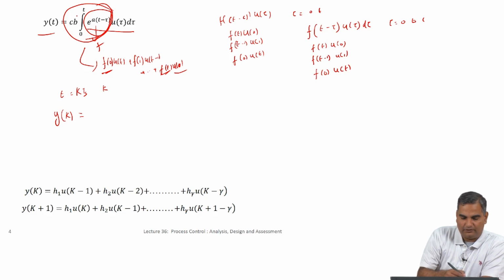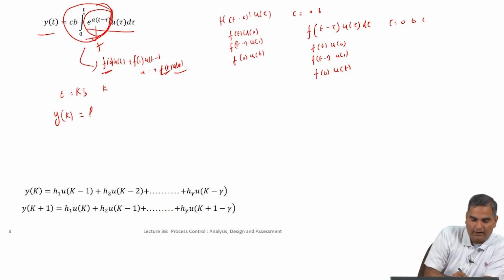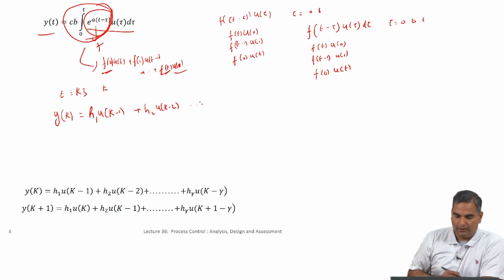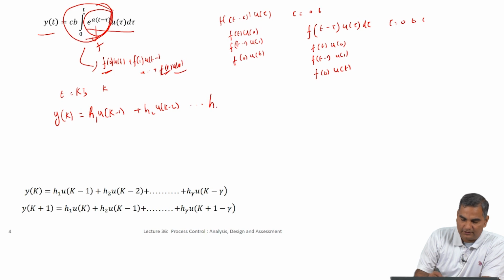It is just a slight change of notation. So, I am going to say h1 u of k minus 1, h2 u of k minus 2, all the way up to, maybe we will call this h gamma u of k minus gamma.